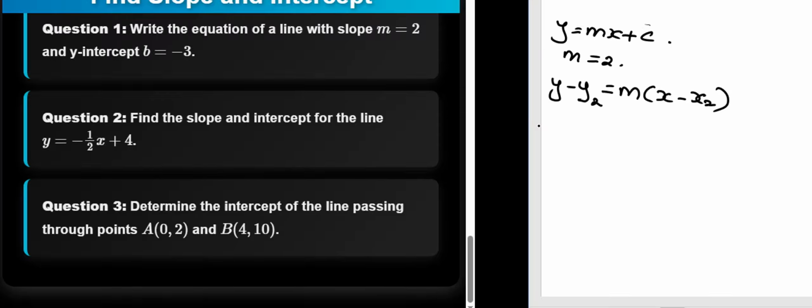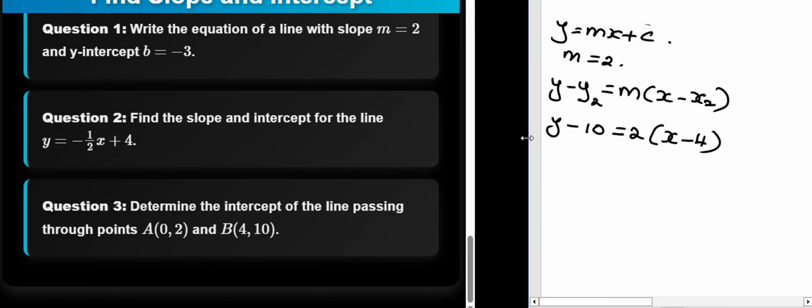So I say y minus y2, what is y2? y2 is 10, is equal to m, which is 2, into x minus x2, and x2 is 4. So it becomes y is equal to 2x minus 8, I just open the brackets here, and then I take it to the other side, because here it was negative, so it becomes y is equal to 2x, negative 8 plus 10 is positive 2.